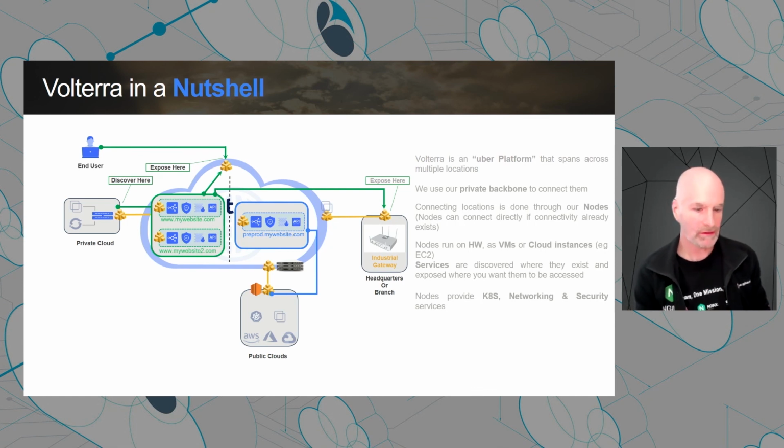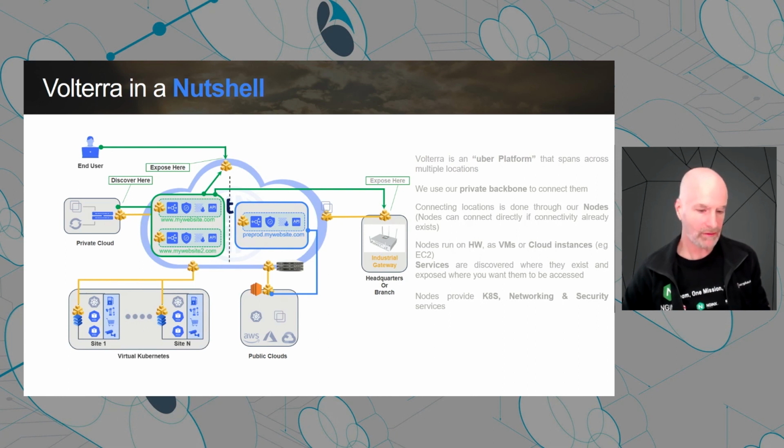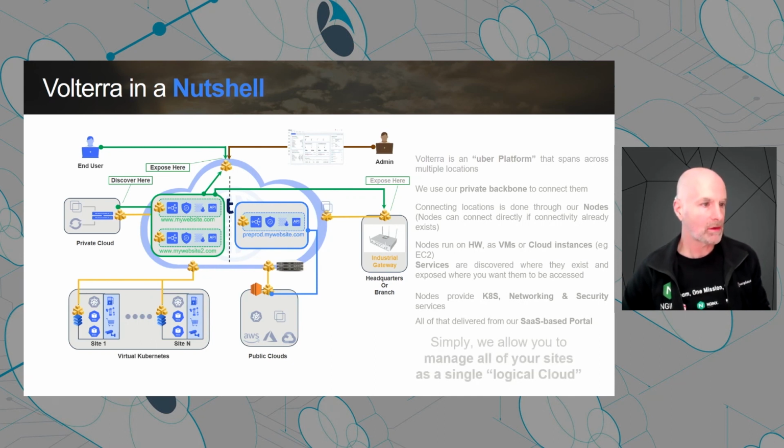Because the policy defines all of the application services that you require in front of that application, those application services are delivered to the edges with the application itself. And then, of course, we've got the distributed Kubernetes cluster that allows you to deploy your application code wherever you want to deploy it. Finally, all of this is delivered from the SaaS platform itself, and we allow you to manage your entire environment as a single logical cloud.